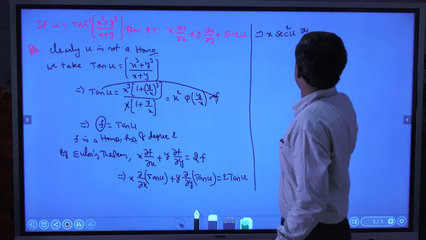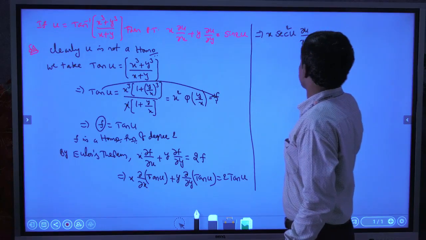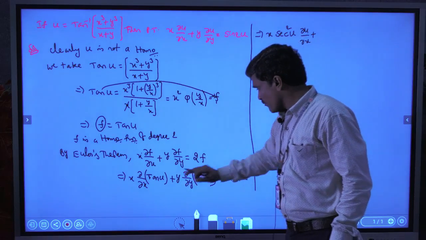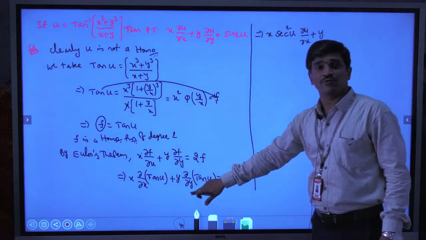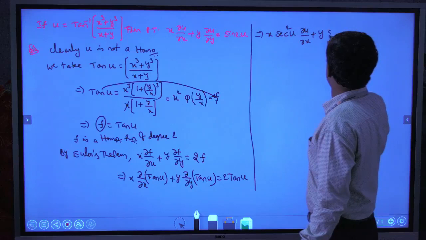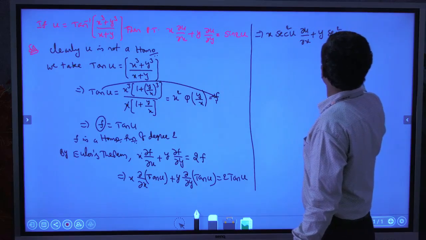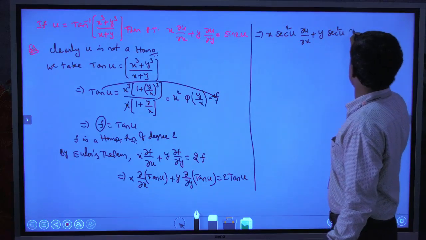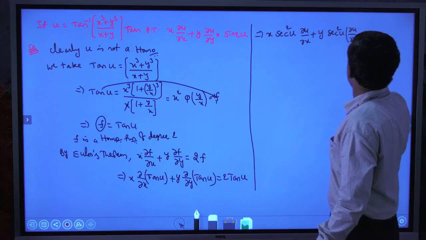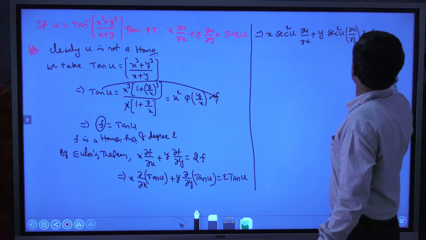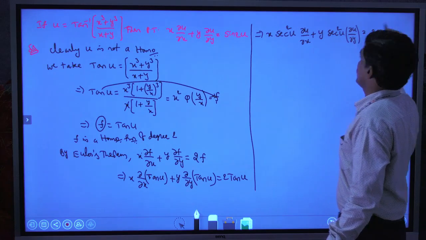So that's why we write dou u by dou x plus. Now here y into what is tan u with respect to y? So tan u derivative again secant square u, and u with respect to y we get dou u by dou y, right, is equal to 2 tan u.